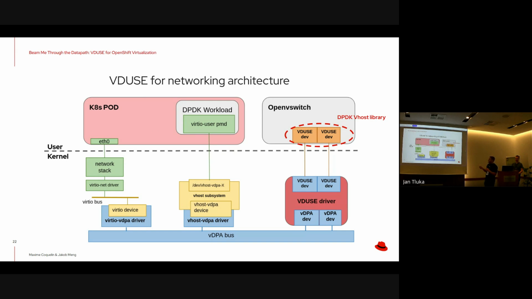The good thing about doing this is that we reuse the data path implemented for the vhost-user backend in OVS-DPDK. So that's a data path that's already mature and used in production. So that's good. Also, by reusing the DPDK Vhost library, we inherit its API, and so the integration into the vSwitch is nearly seamless.